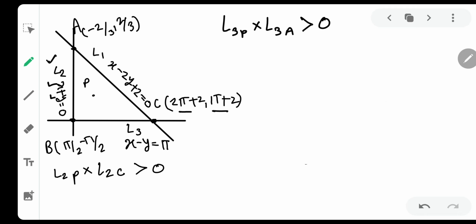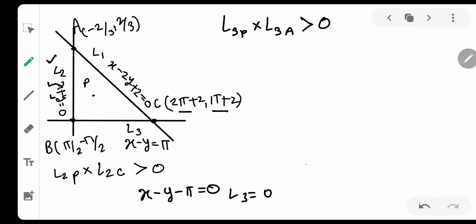And what is our line 3? Our line 3 is x minus y equal to pi. So that can be written as x minus y minus pi equal to 0, because we need L3 in the equal-to-0 format, otherwise we won't be able to solve it.